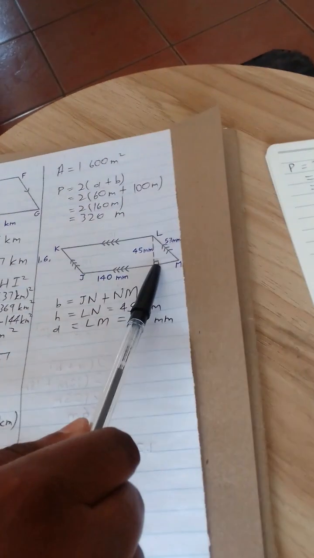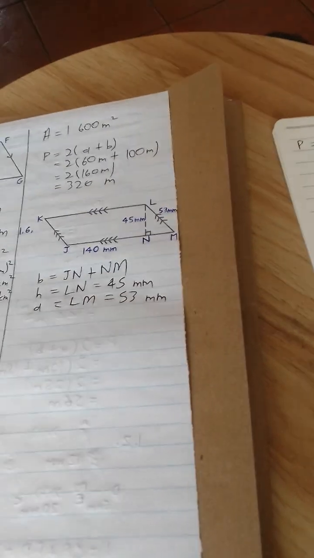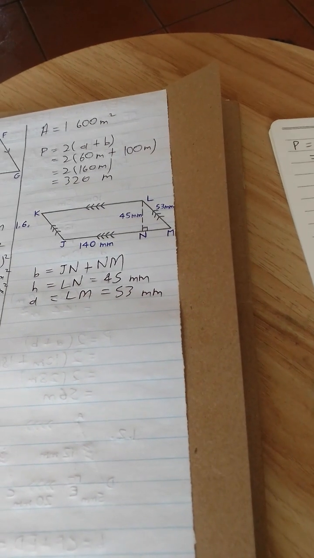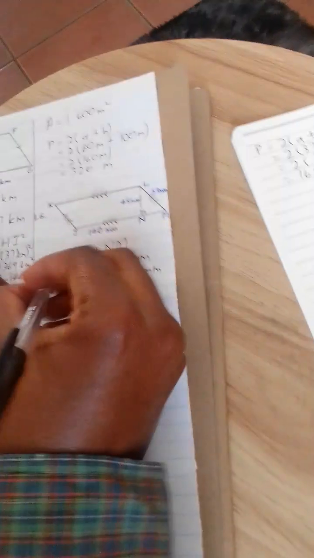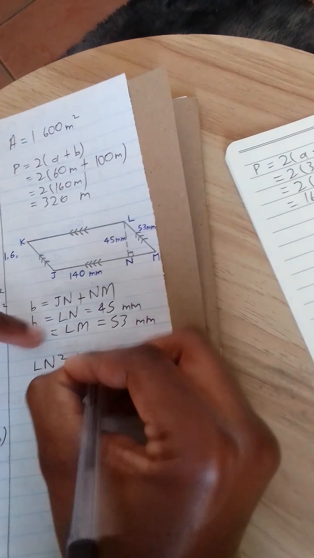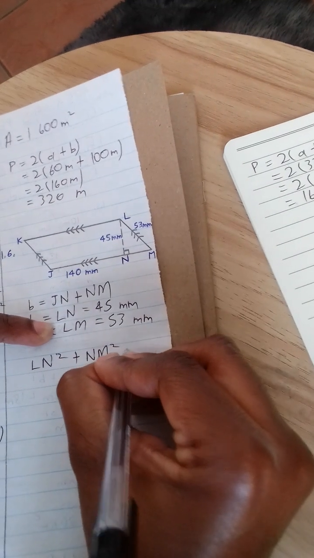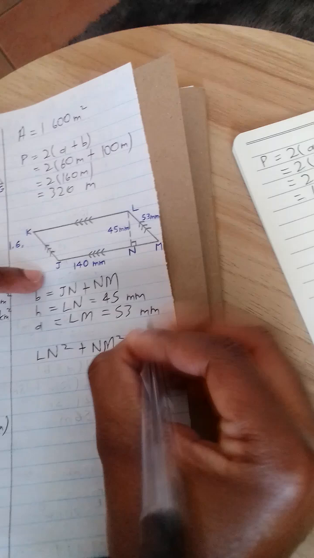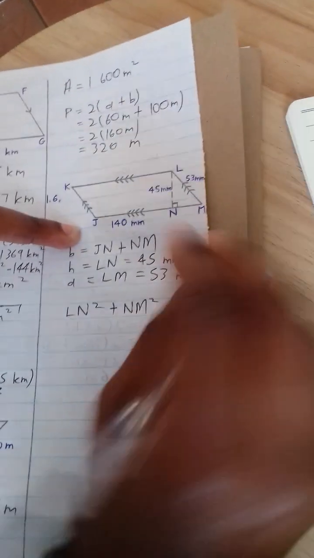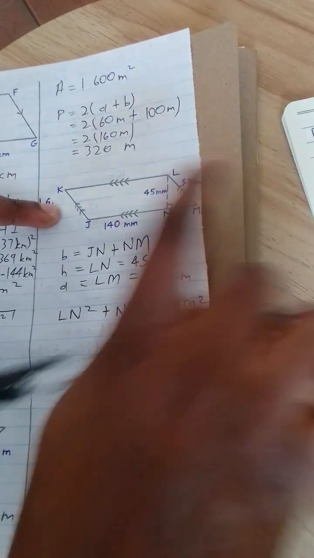So this is already a right angled triangle. So in triangle LMN, it is going to be LN squared plus NM squared is equal to LM squared. What's LM? You don't have it. It's the height. Oh, we have LN.